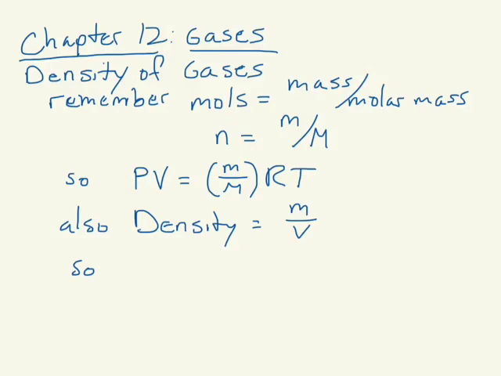That leads to another modification: density, mass over volume, is equal to, let's move the pressure over to this side, pressure times molar mass divided by RT. All I did was a little algebraic rearranging from the previous equation, substituting in density, mass, and volume. We have mass and volume here, so if I move those to the same side, I get m over V, and I can substitute that in for d. Then pressure, molar mass, R, and T are over here.